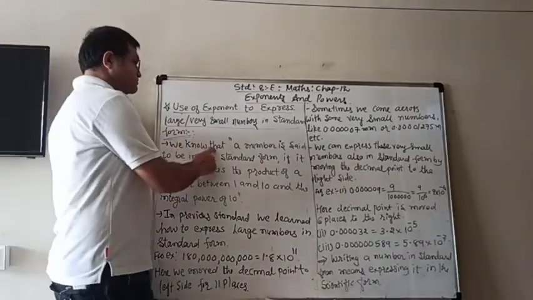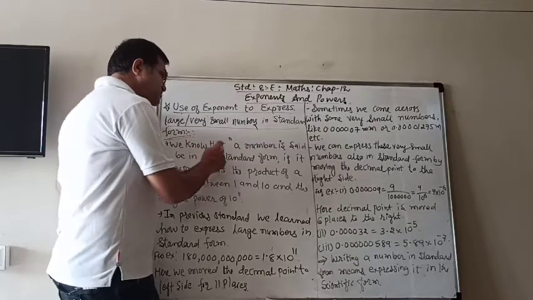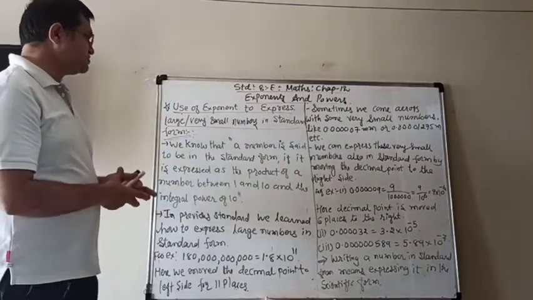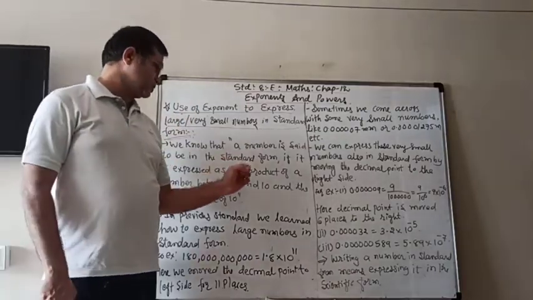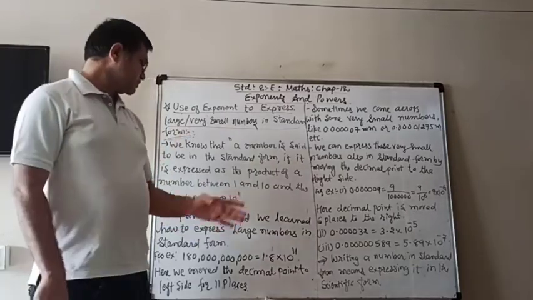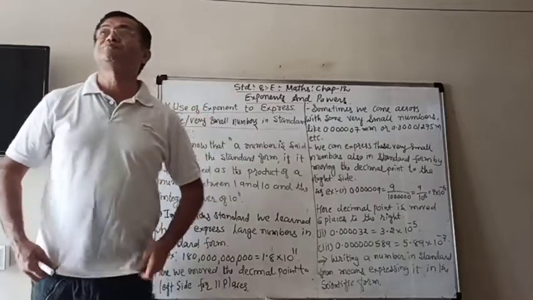So we know that a number is said to be in the standard form if it is expressed as the product of a number between 1 and 10 and an integral power of 10.